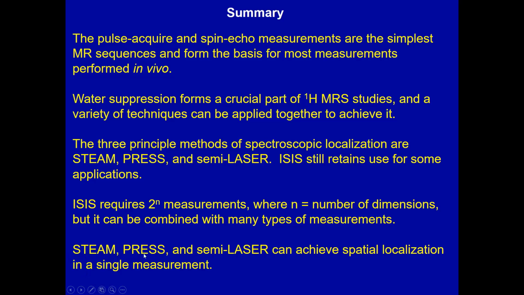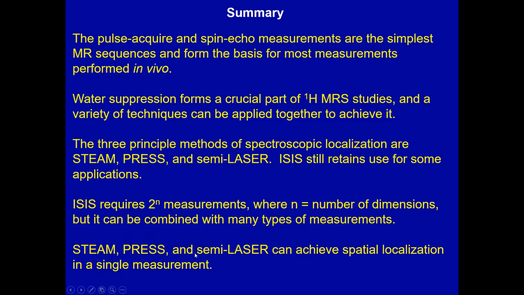So STEAM, PRESS, and semi-LASER, each of them has their own advantages. STEAM gives you pretty sharp localization, but it eliminates half your signal. You can also go to very short echo times with STEAM. PRESS, you need to go to longer echo times, and the volume selection is not as sharp, but you do get full amplitude. So it depends where you're looking and what you're trying to see.